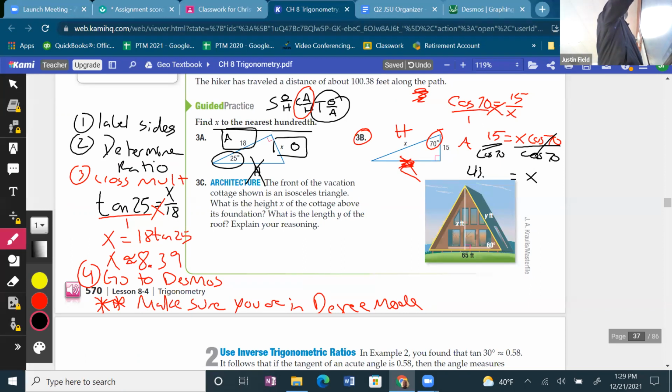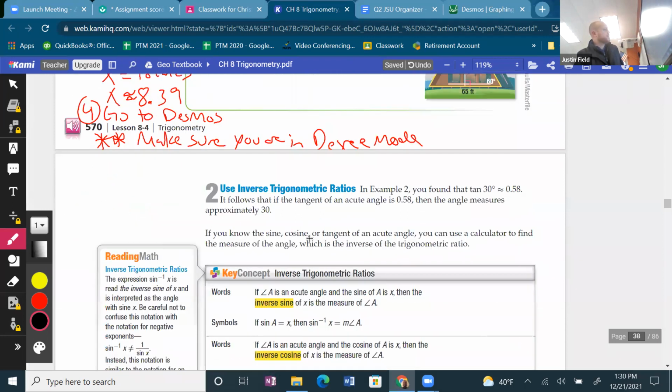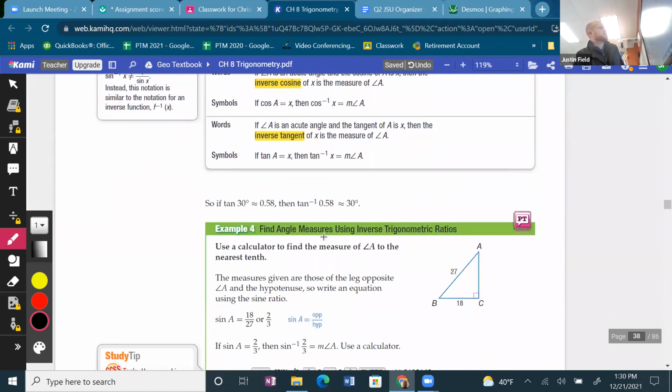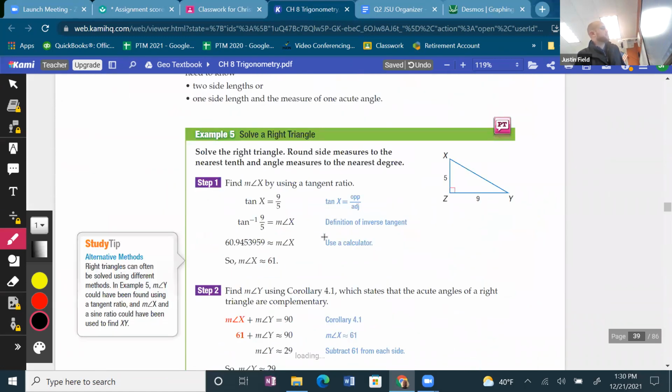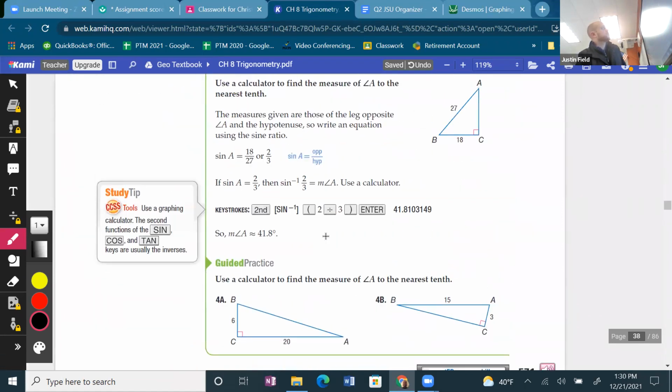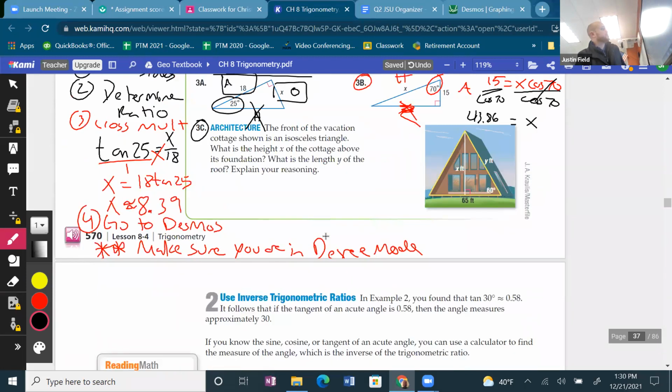All right. And that's how you do that. Okay, so you can try 3C and you can post in the organizer. Ooh, and look at that. It looks like it might be, and it is a 30, 60, 90 triangle hiding in the trig section. Okay, and this is so long.